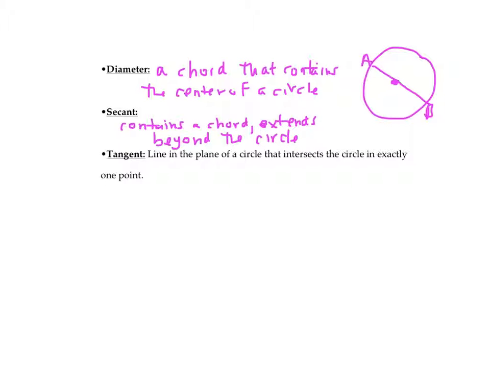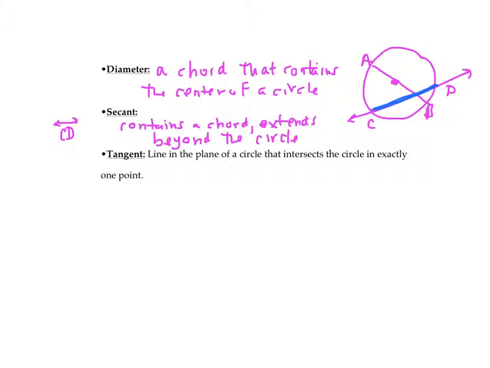So if we had this circle and we did this, let's call that CD in this picture. CD would be a secant. So it contains a chord. The chord would be this line segment right here from C to D. But because it goes through the circle and continues on, we can call it a secant.